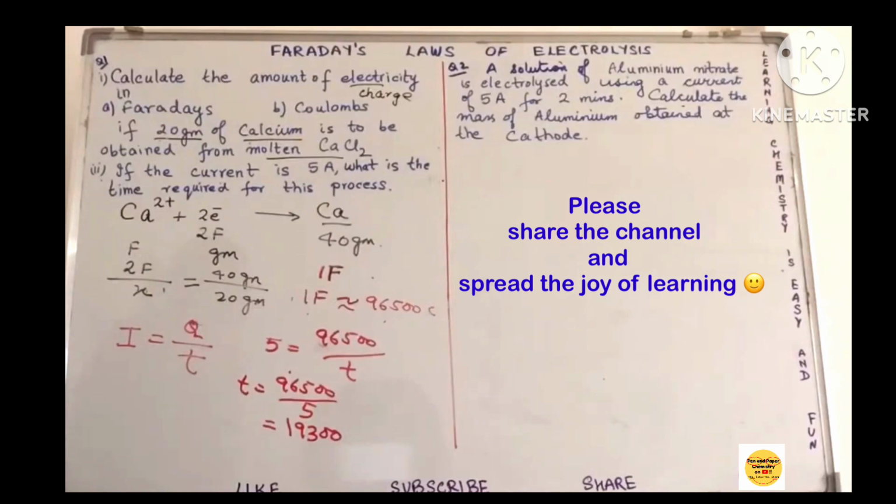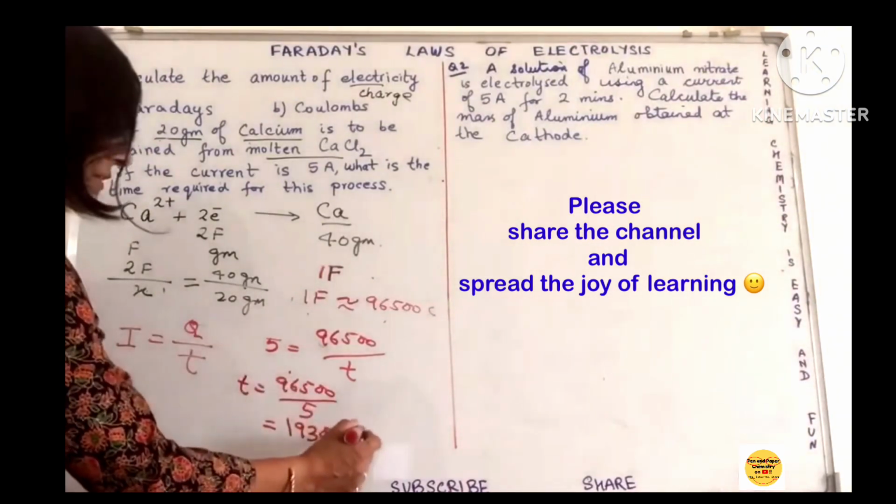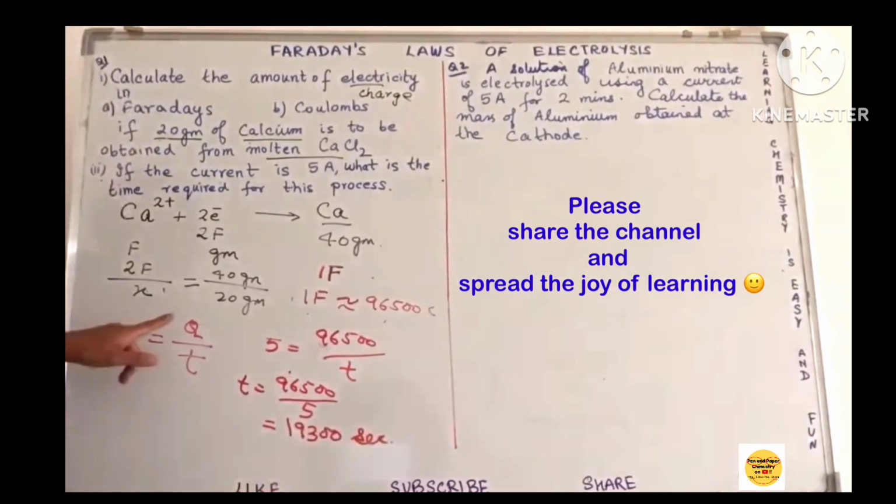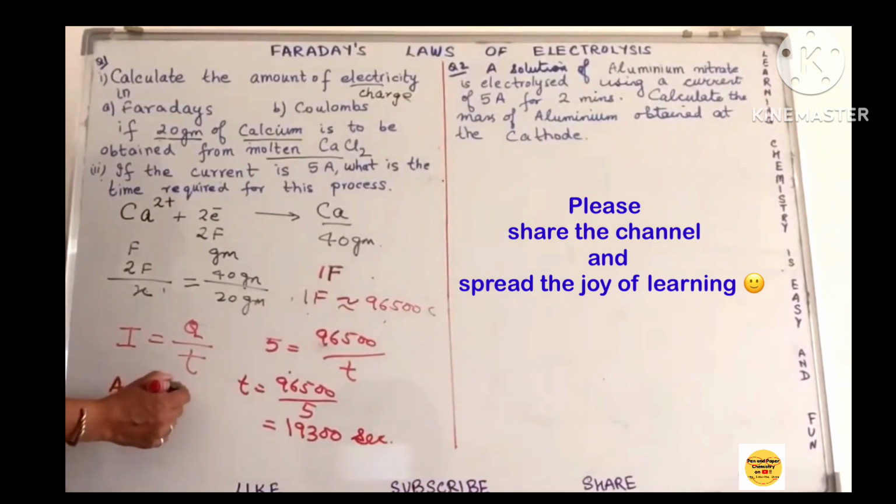This time could be anything: seconds, minutes, hours, years. Here we will put seconds. Why seconds? Because we are talking about the charge in coulombs and the current in amperes. If you remember, we said ampere is nothing but coulomb per second. So the time that we have got over here is in seconds.